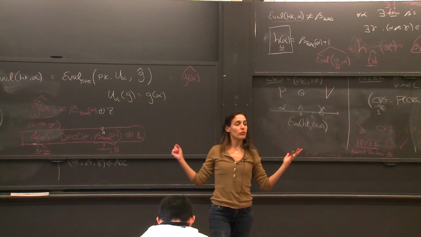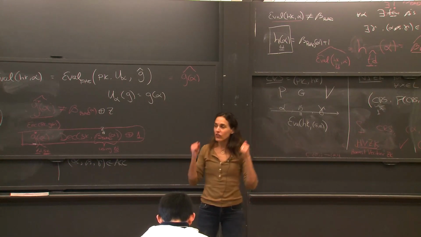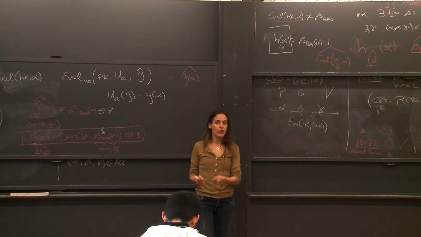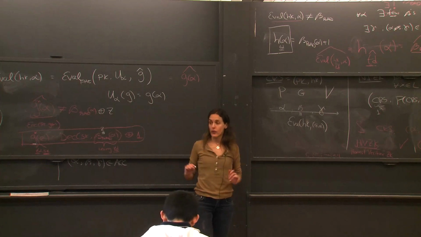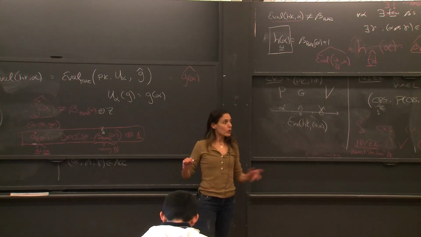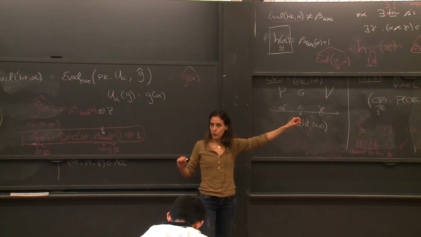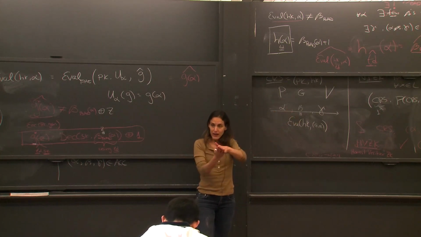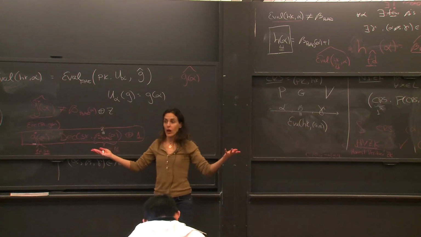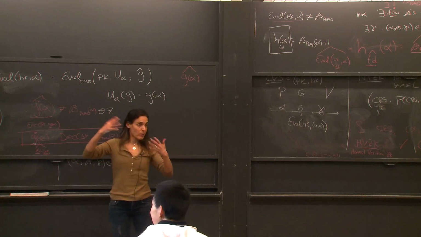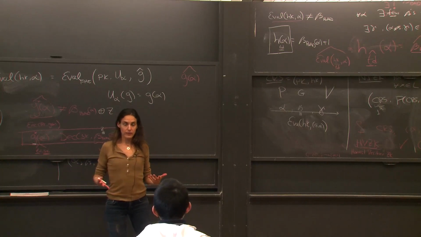It's Fiat-Shamir. We constructed a very specific hash function, and with respect to this hash function, we proved soundness. And then we proved not only is it sound with respect to Fiat-Shamir, now that it's non-interactive, we can also prove that it's zero knowledge, by playing with the CRS.